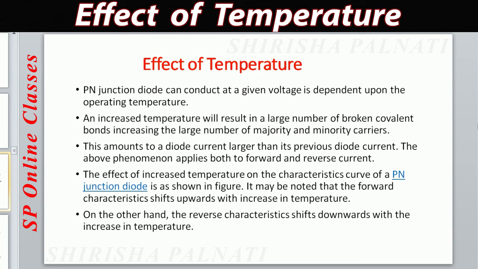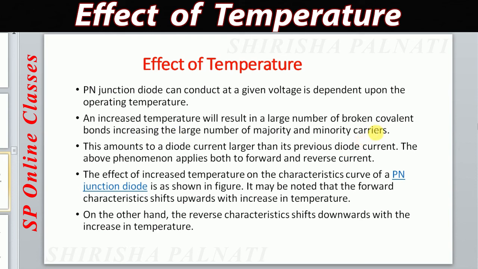So a lot of current flows through that diode. This is the point of the information: an increased temperature will result in a large number of broken covalent bonds, increasing the number of majority and minority charge carriers.